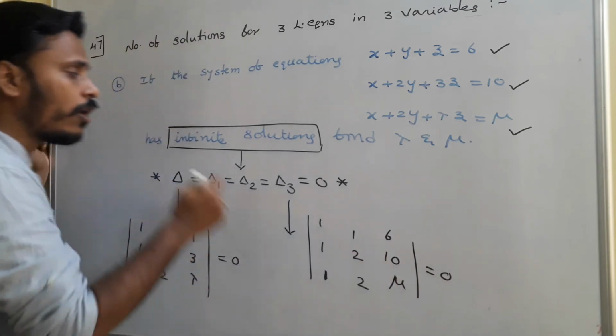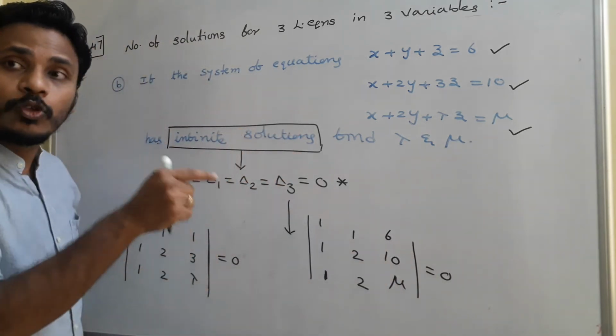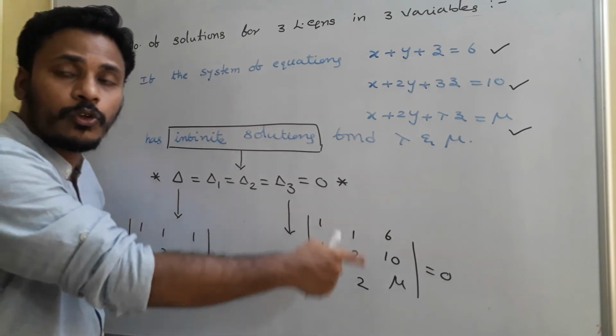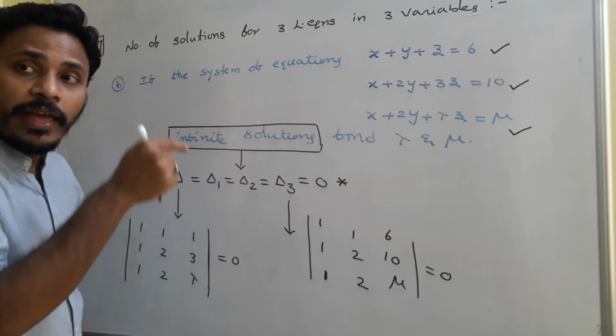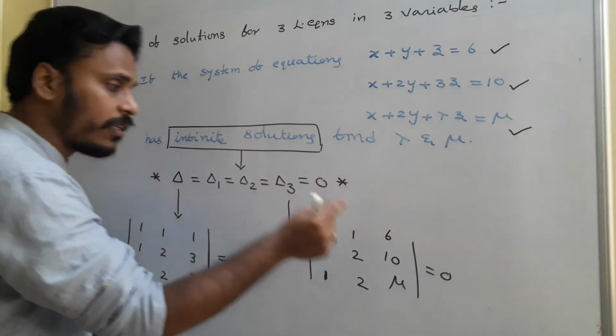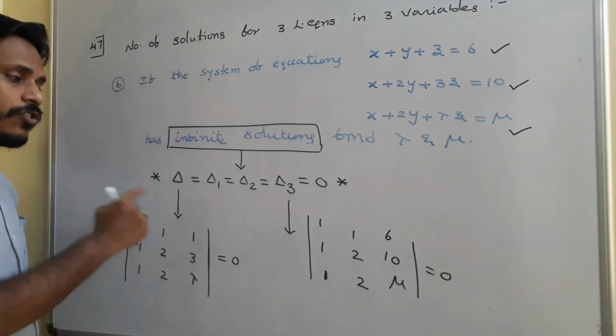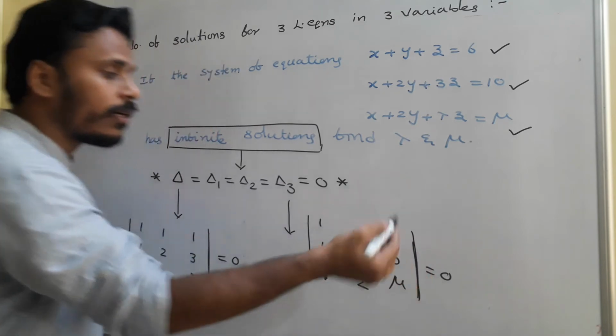Why is it 0? Because the system has infinite solutions. Whereas if it has a unique solution, we don't have a chance to utilize this. Since the given system has infinite solutions, we have the chance to equate delta to 0 as well as delta 3 to 0. So this determinant is 0, you will get the lambda value. That determinant is also 0, you will get that mu value.